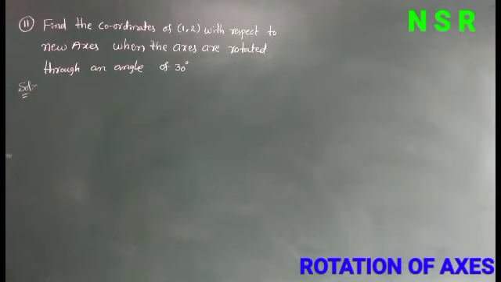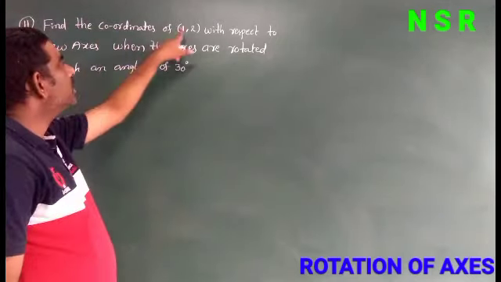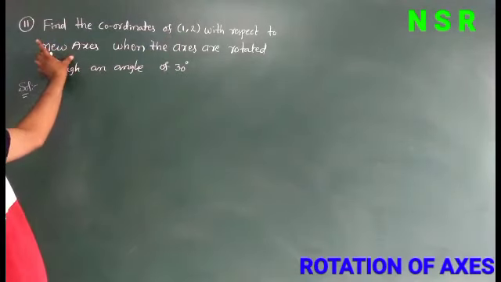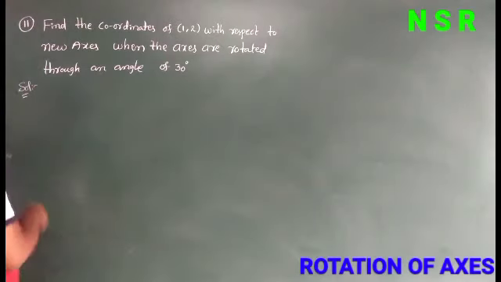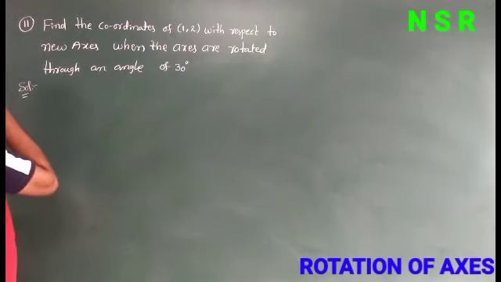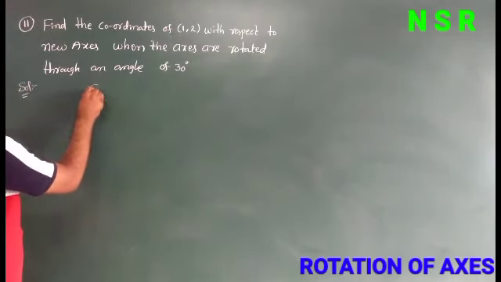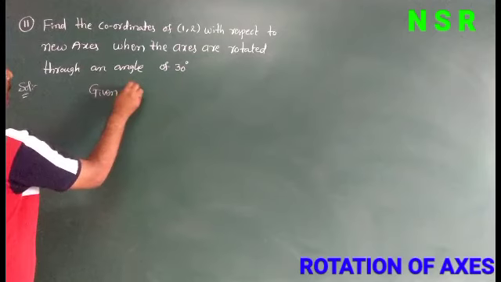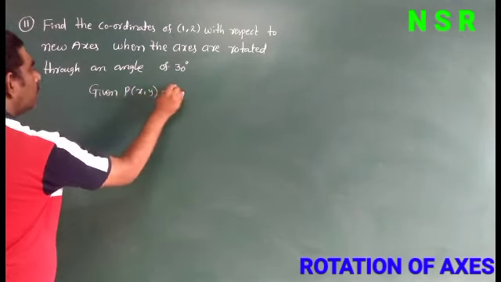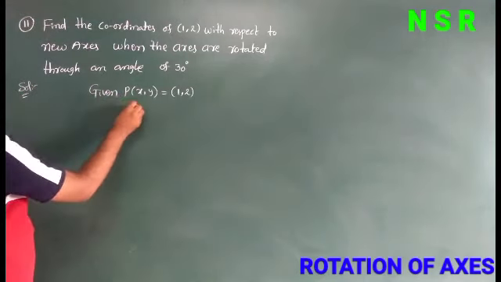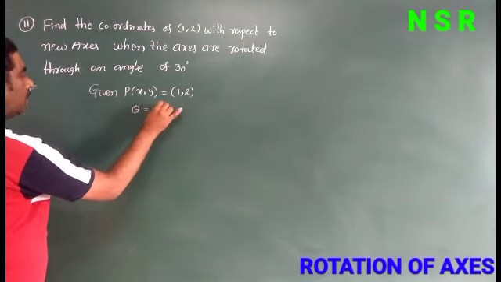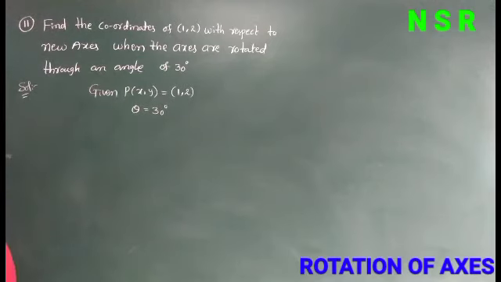With respect to the new axis, the given point is the original axis point, that is P(x, y) equal to (1, 2), and the angle theta is equal to 30 degrees. We have to find x dash and y dash.